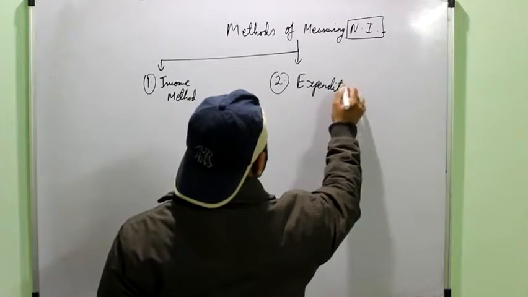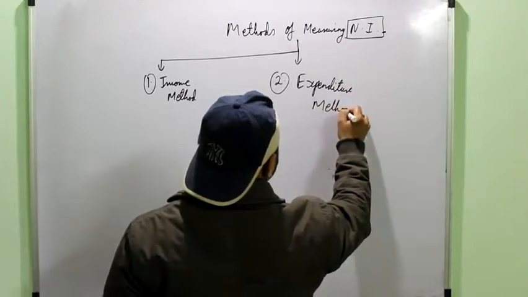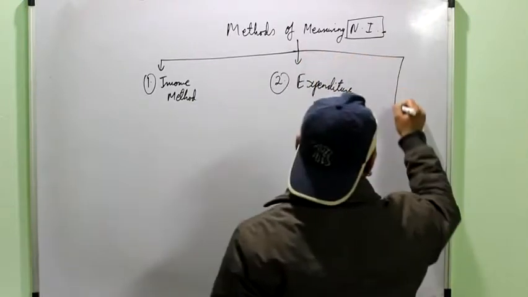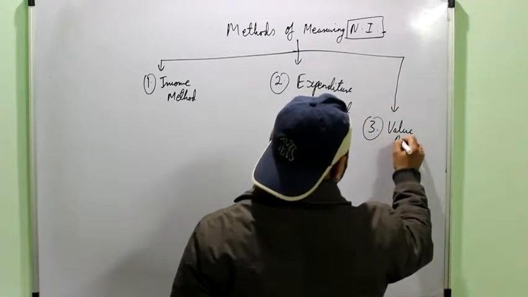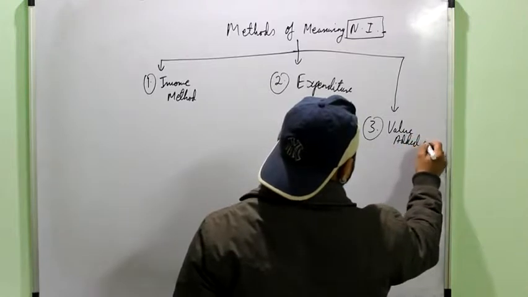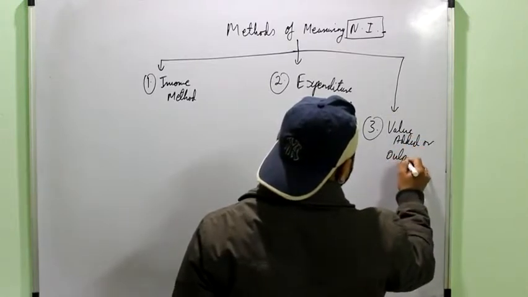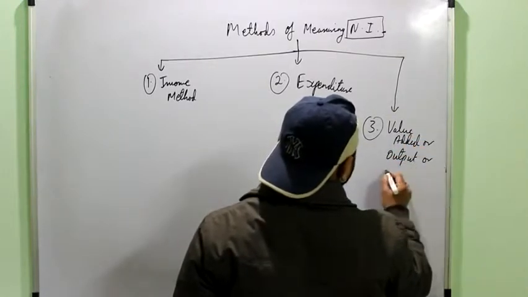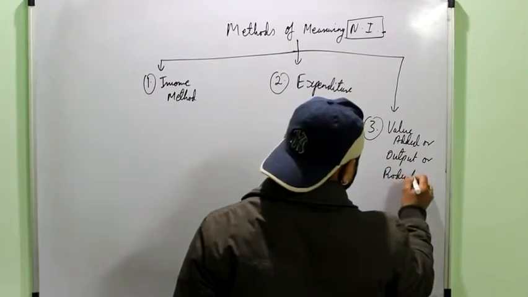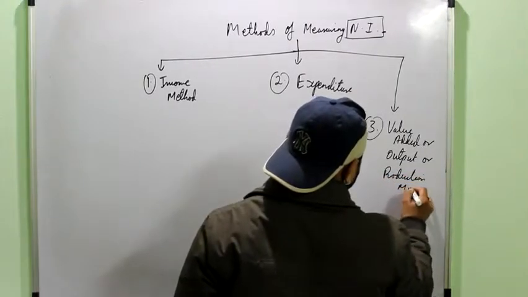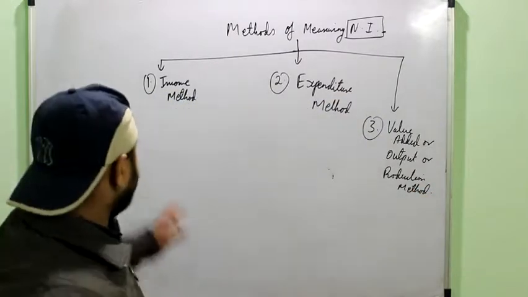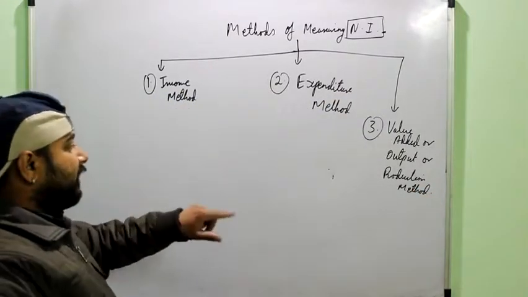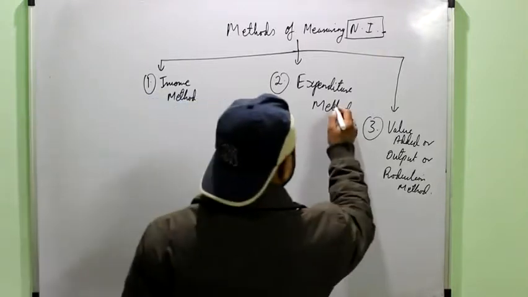Second is the expenditure method, and third method is the value added method or output method, which may also be known as the production method. Income method, expenditure method, and value added method or output method.